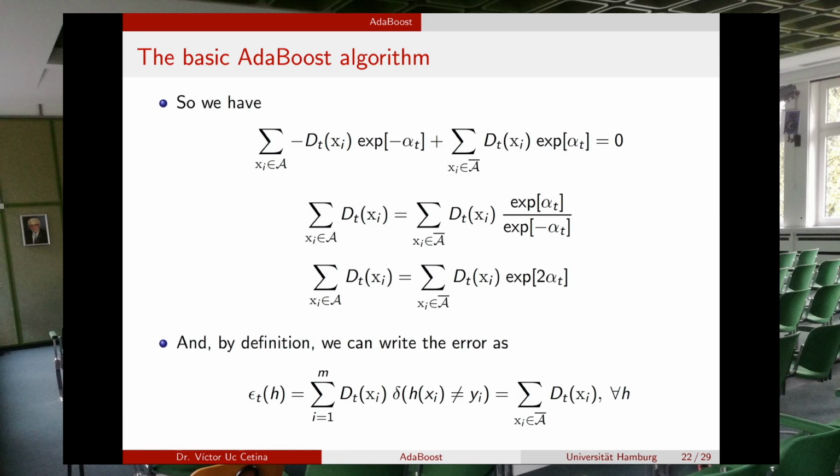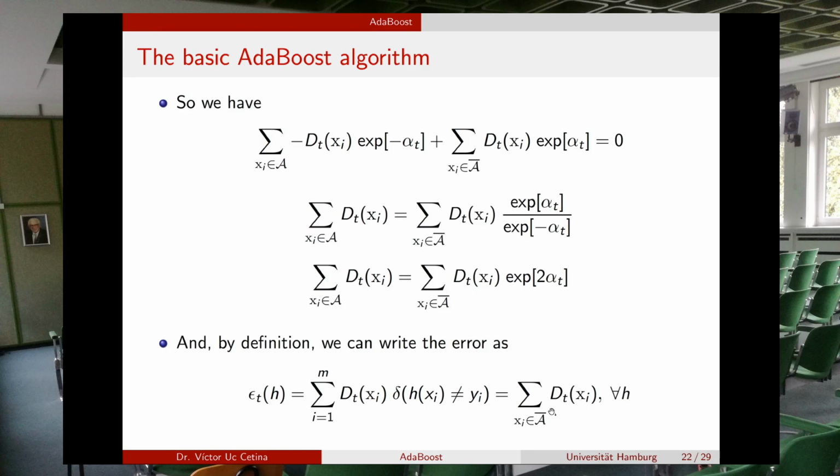So you are counting all the examples that were misclassified, and you will be summing the corresponding weight for that example. In other words, this is simply summing all the weights of the examples that are incorrectly classified, with this set A bar.